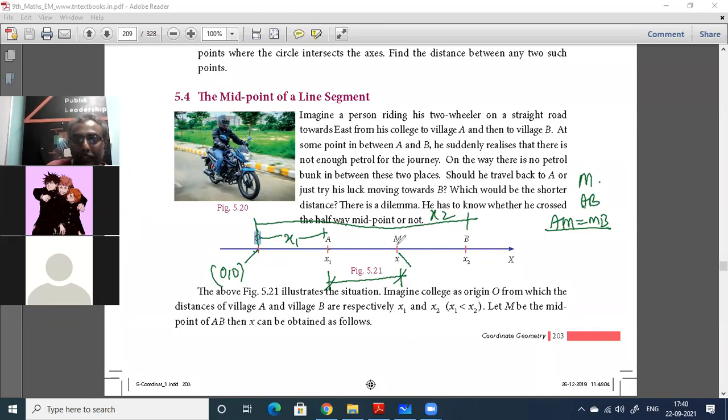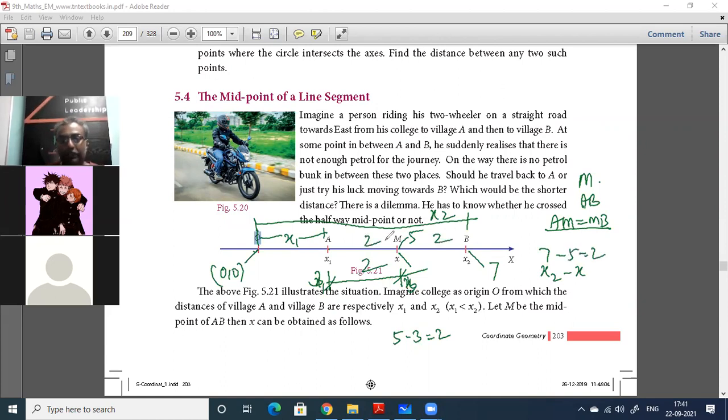AM is equal to X minus X1. This side is X, up to here is X1. So X minus X1. Let us say this is 5 and this is 3. Then what will this distance be? 5 minus 3 will be 2. This distance will be 2. Let us say this is 7 and this is again 5. What will this distance be? X2 minus X, 7 minus 5, again 2. This distance also will be 2.